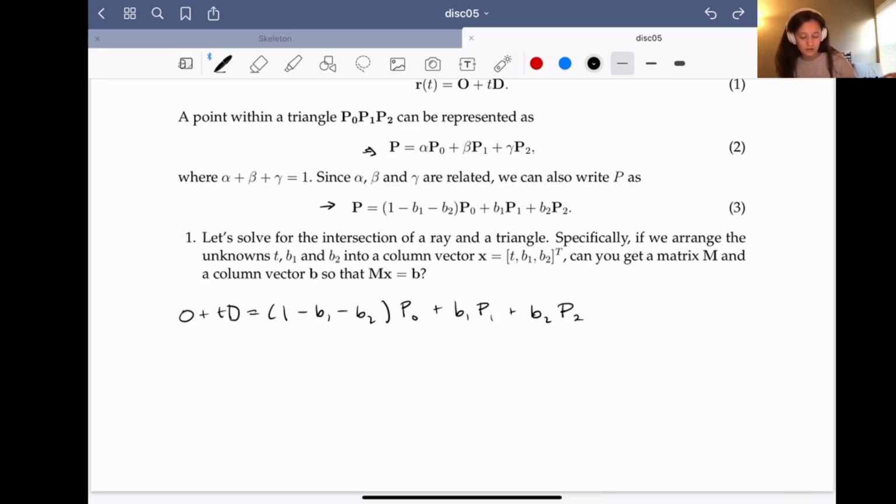Okay, so let's just move some stuff around. Because t is an unknown, let's move it to the right. So we'll have O equals minus td plus (1 minus b1 minus b2), and then the rest of the equation.